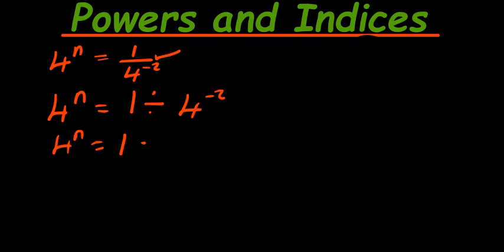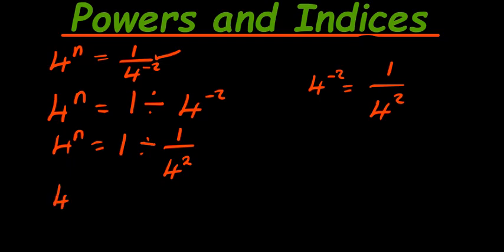You and I agree that the 4 to the power negative 2 is also the reciprocal of 1 over 4 to the power 2. So this will be represented by 1 over 4 to the power 2. The negative has become the reciprocal.